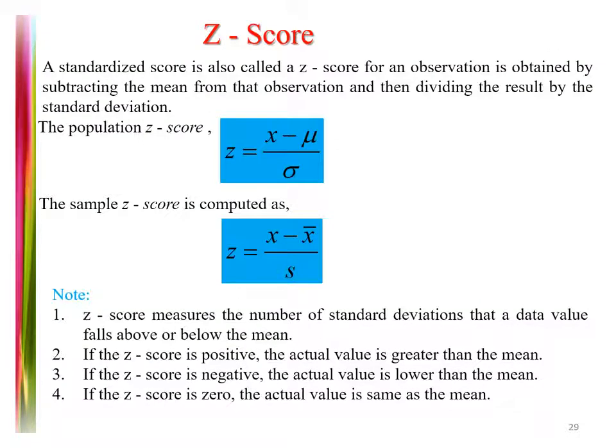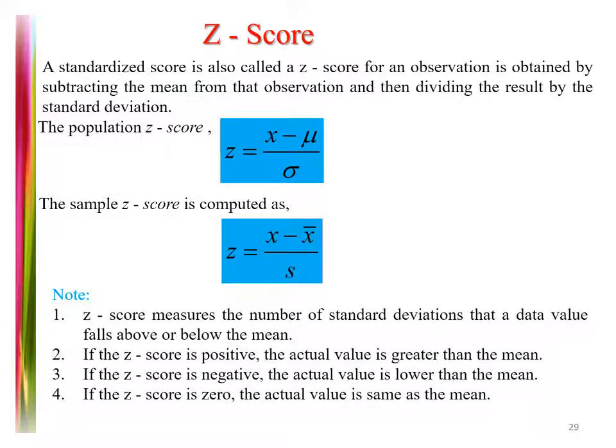All right, so next, the z-score calculation. This is one of the important measurements. In this case, we also use the average and standard deviation. The standardized score, also called the z-score, for an observation is obtained by subtracting the mean from the observation and then dividing the result by the standard deviation.